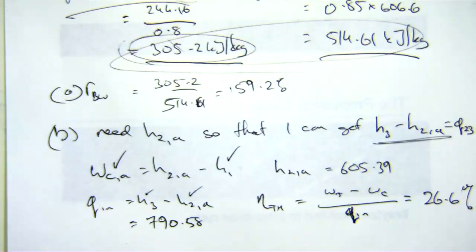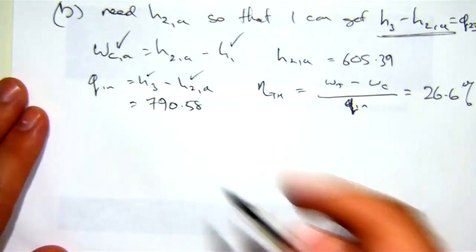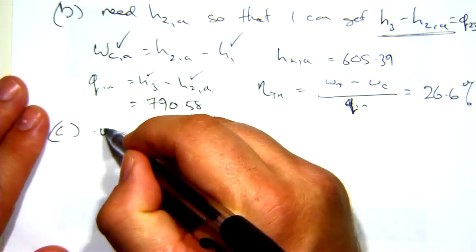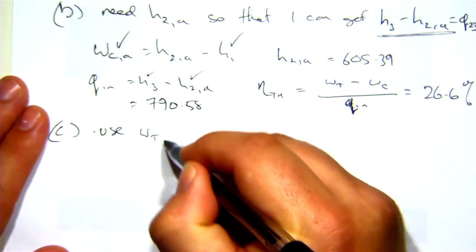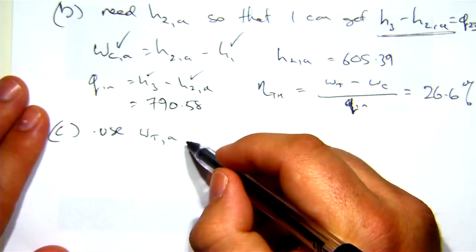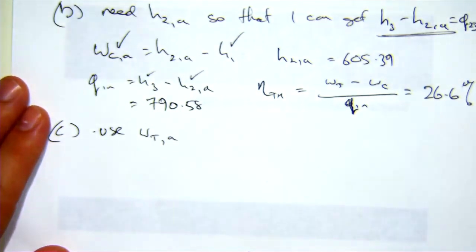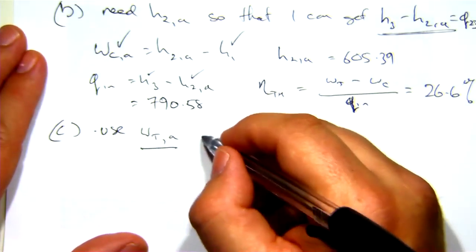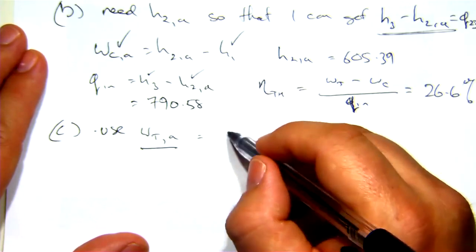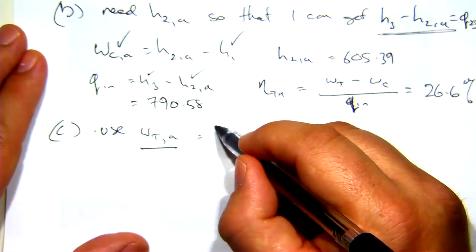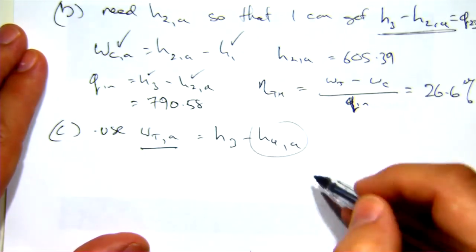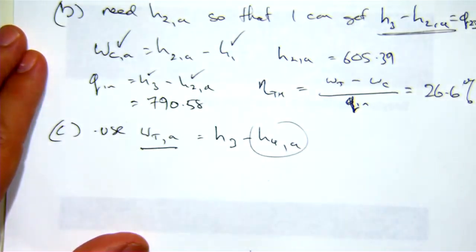Not quite finished yet. We've still got to answer part C. Use the actual turbine work. My goal at part C was to get the turbine outlet temperature. So use this guy, and I've got H3 minus H4A. I want to find H4A so that I can then look up T4A from the tables.